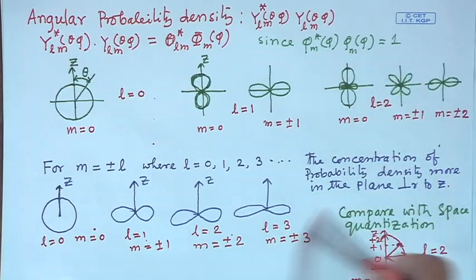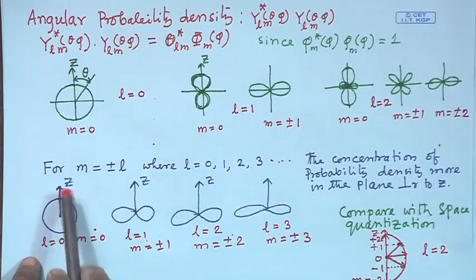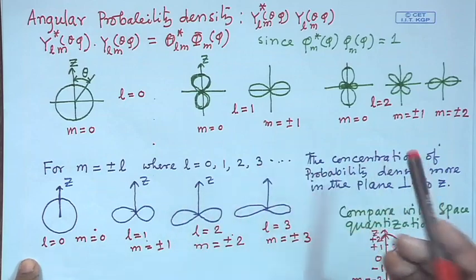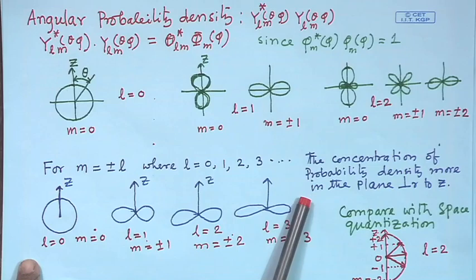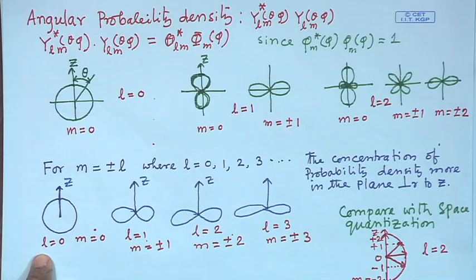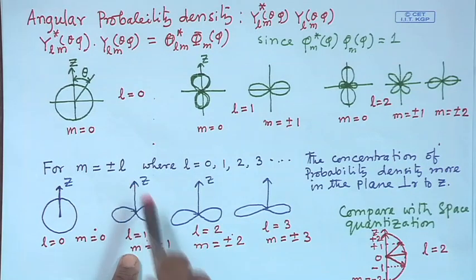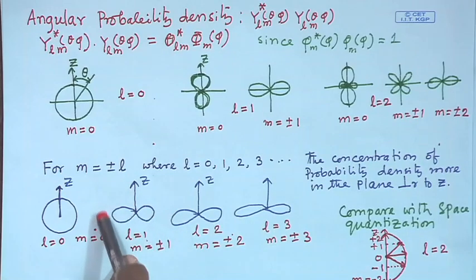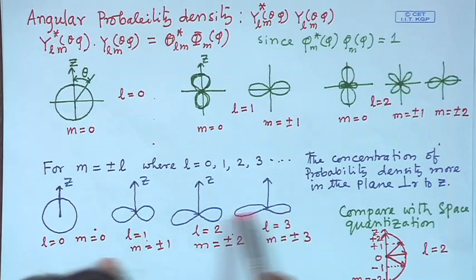As I already described, for m equal to plus minus L, where L equals 0, 1, 2, 3, the probability density is concentrated more in the plane perpendicular to the z axis. So as the value of L gets higher and higher, you get more and more probability on the xy plane, which is perpendicular to the z axis. Here, L equal to 0 gives this probability, and for L equal to 1 with maximum m equal to plus minus 1, it is on the plane.